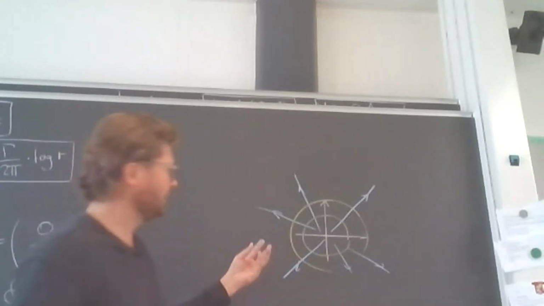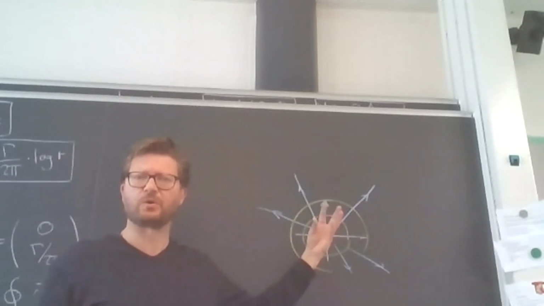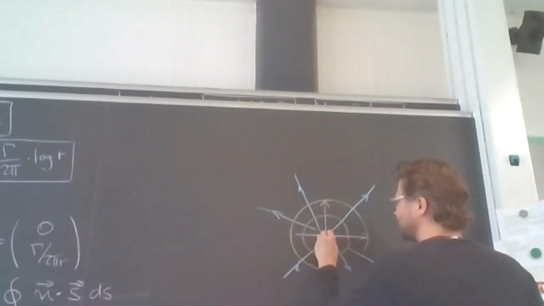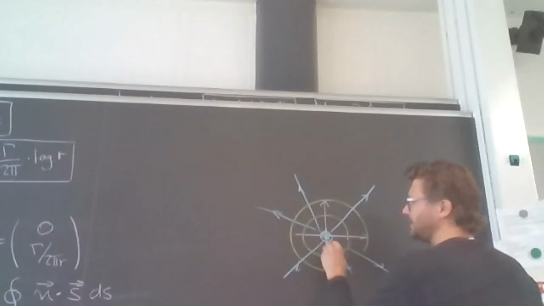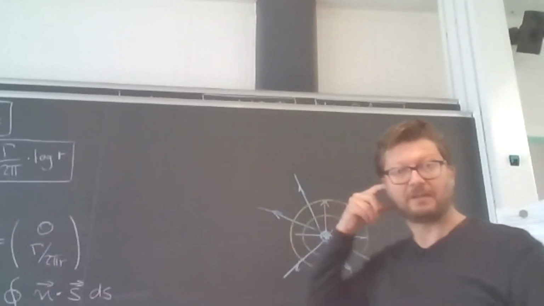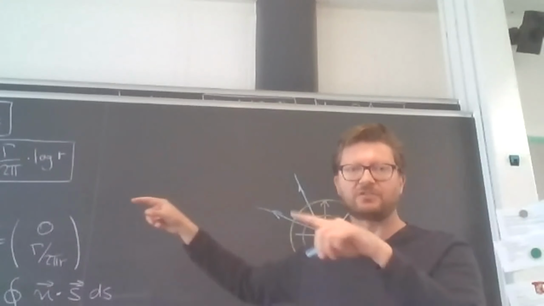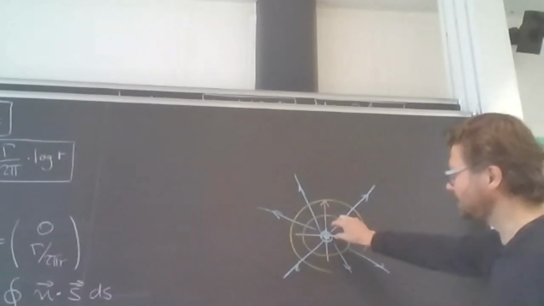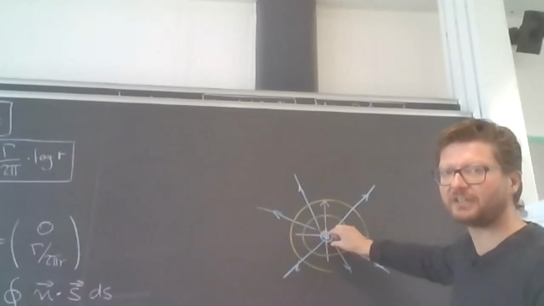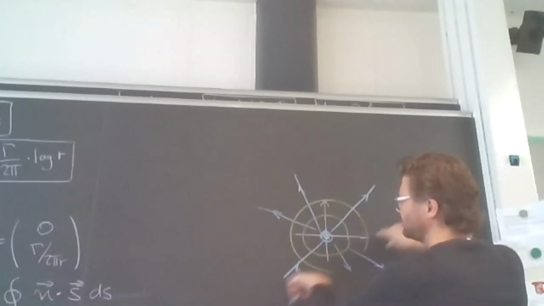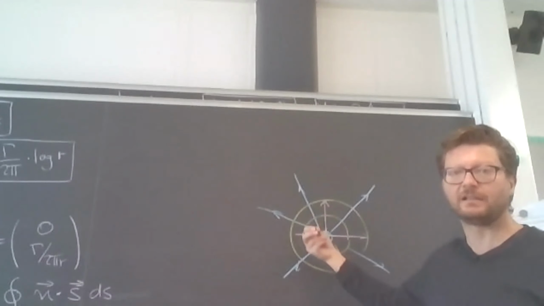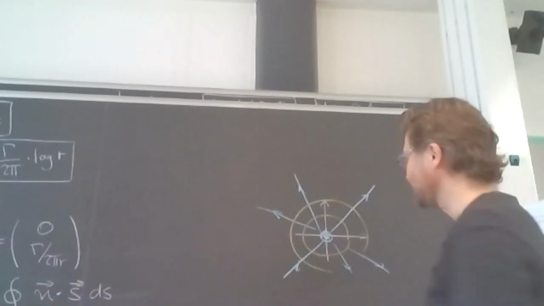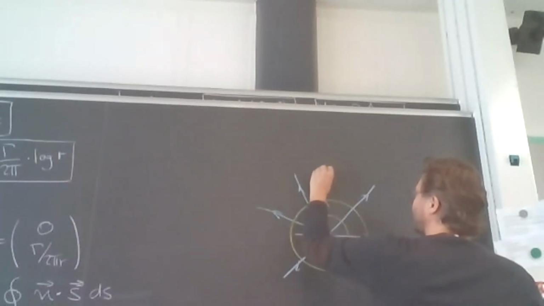What is this? This is something like a source. With somewhere in the center, and the center is actually again a singularity, just like in a vortex where the center velocities go to infinity and they're not really a part of the solution. The exact center is a singularity, but outside we just have streamlines going out. Just think of this as a well where water is coming out and it's just spreading out in all directions. So this is a source.